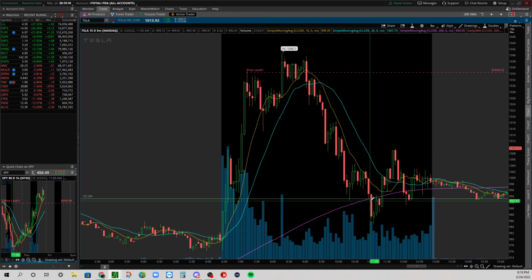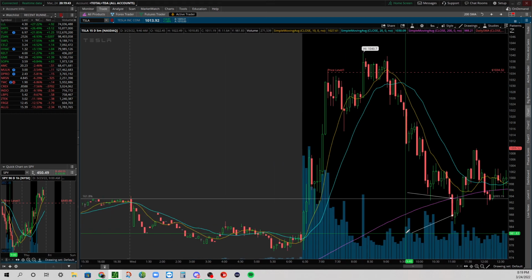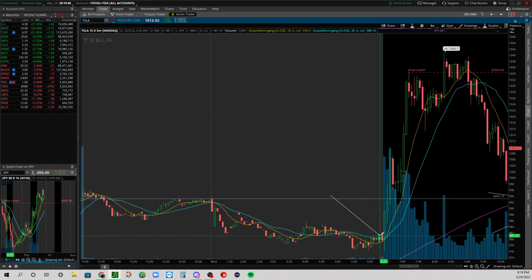I took the long there, since Tesla in the first 10, 15 minutes can push through all the SMAs. When it hit the 10 and 20 SMA, as they were flat on pre-market, I took profit there. Where would you have taken profit if you had taken my trade?